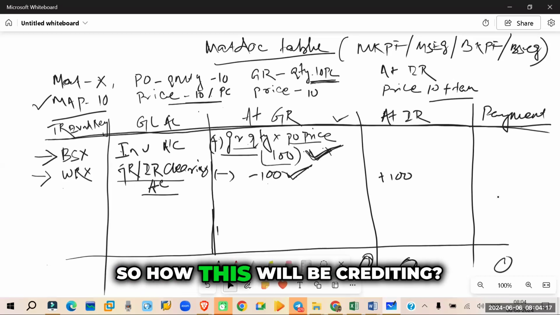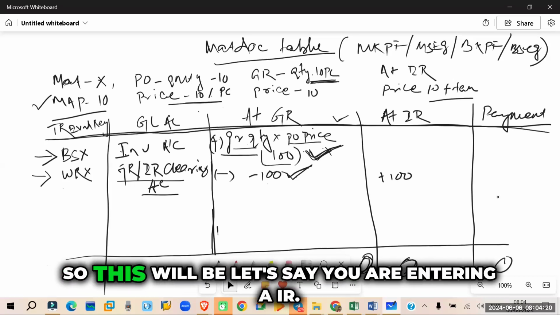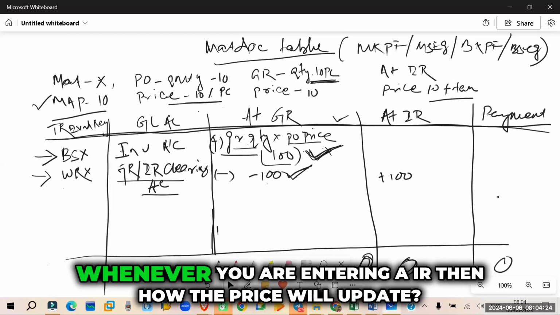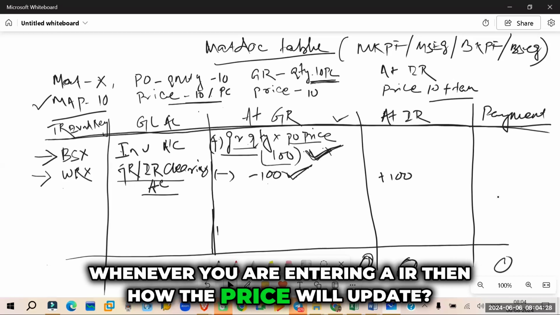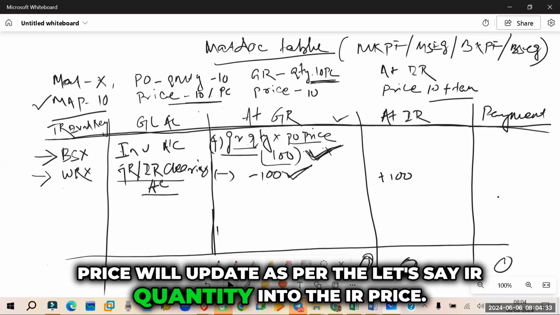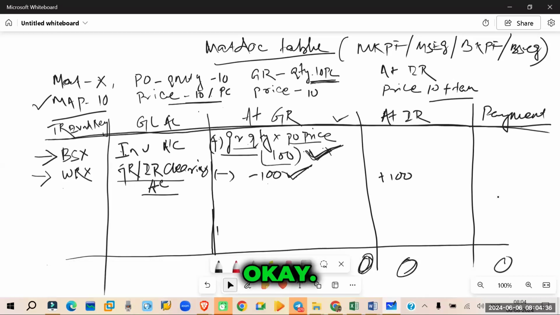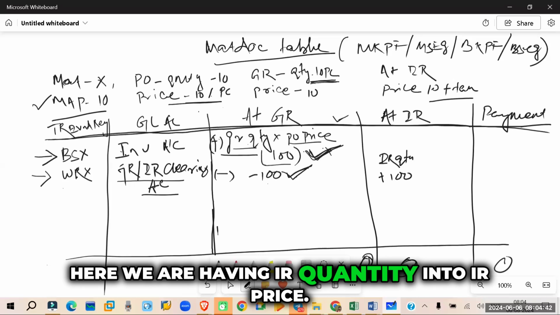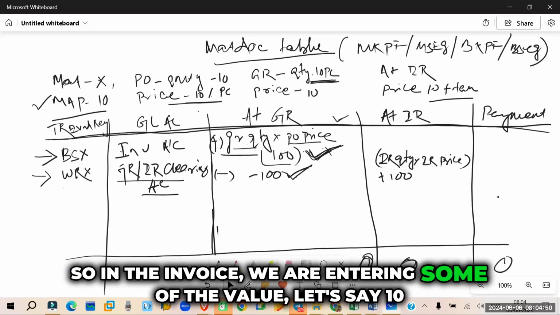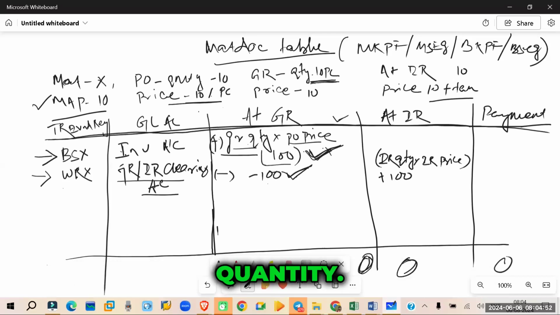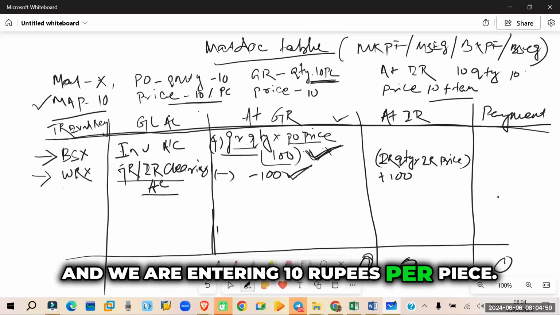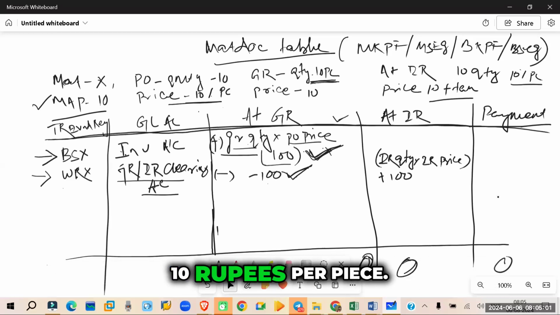So how will this be credited? Let's say you are entering an IR. Whenever you are entering an IR, how will the price update? The price will update as per the IR quantity into the IR price. So in the invoice we are entering, let's say, 10 quantity, and 10 rupees per piece.